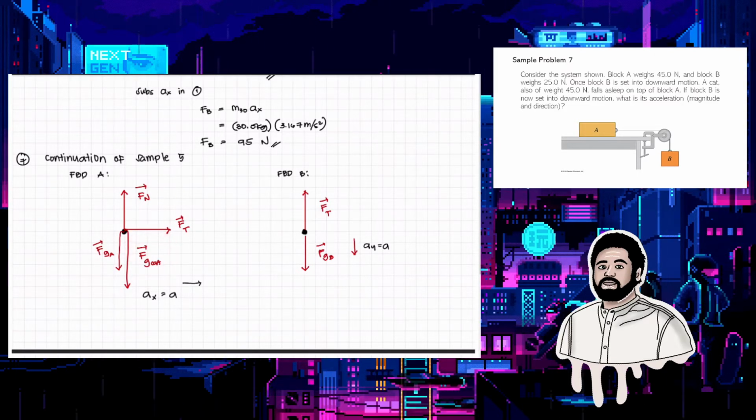So I just added in the free body diagram a vector pointing downwards. It's Fg of the cat, the gravitational pull for the cat, right? And for the acceleration a_x, I just pointed it towards the right because my force Ft is going to the right also.